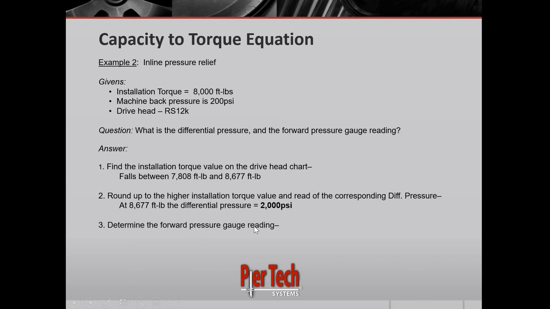To calculate forward pressure, you take your differential pressure of 2,000 psi and add the back pressure. Back pressure is 200 psi for this specific install. 2,000 plus 200 equals 2,200 psi. There was a mistake on the slide there, and we'll adjust that.